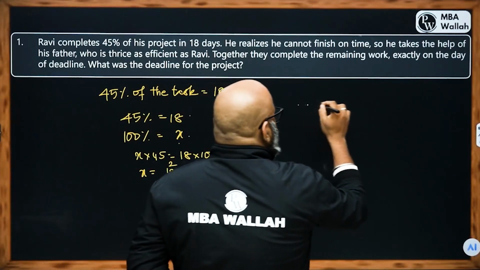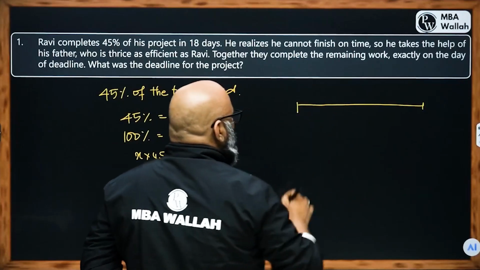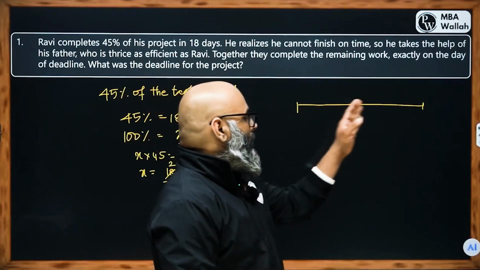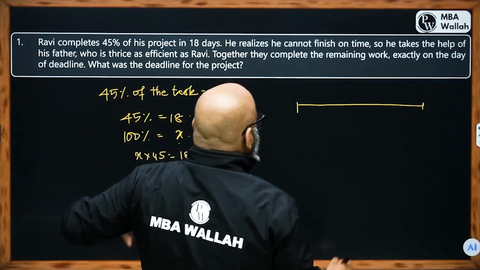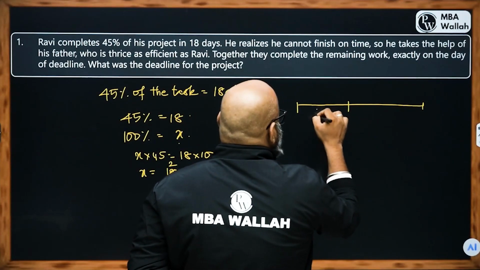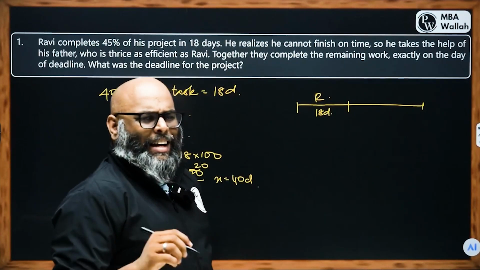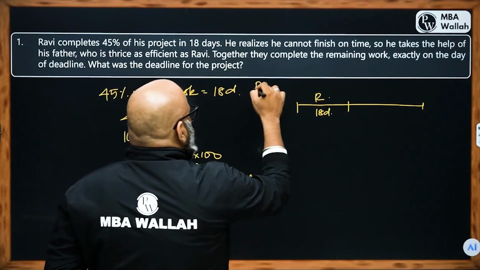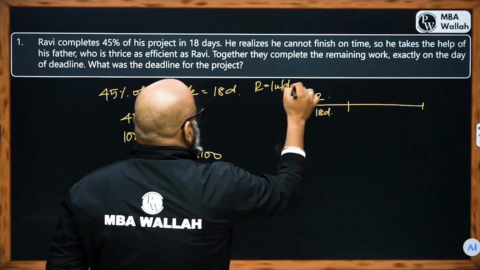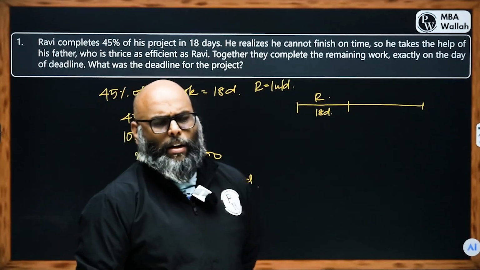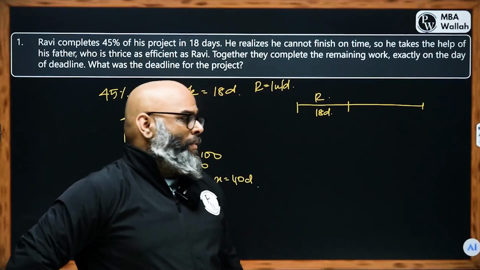Now we understand, if I take this to be the deadline of the task from the beginning till end, Ravi has already worked for 18 days. This is 18 days of Ravi. Let's say Ravi is capable of doing 1 unit per day. That's the efficiency of Ravi.